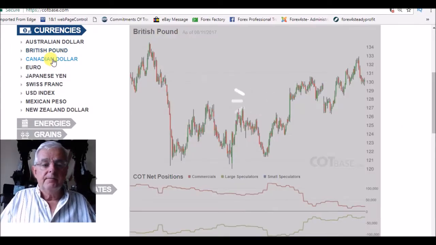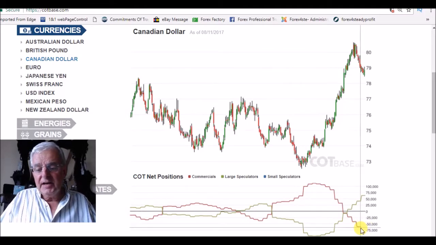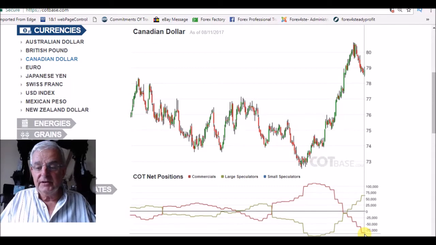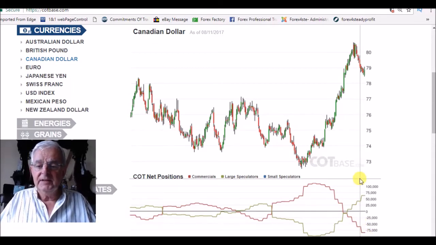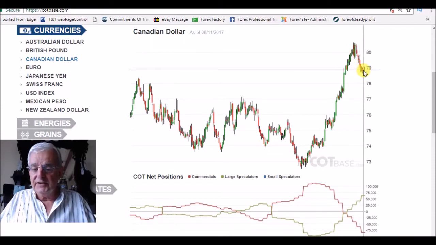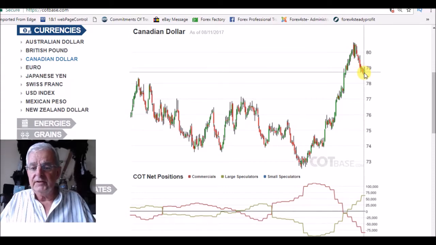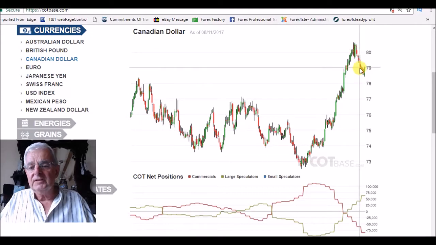Canadian dollar. Yep. We've had another large bearish position taken by the commercials. We have seen the Canadian dollar fall over the last 2 or 3 weeks, a couple of weeks.